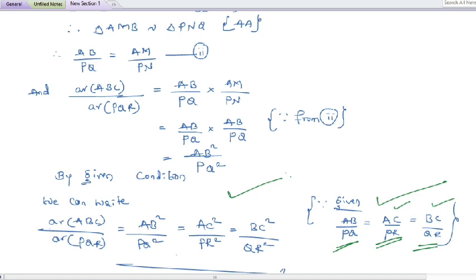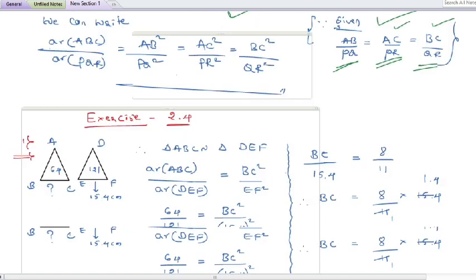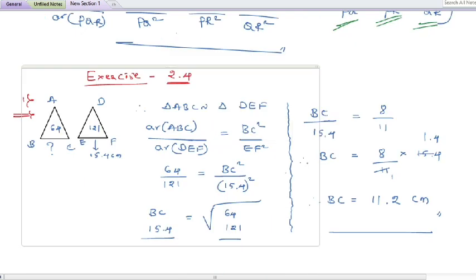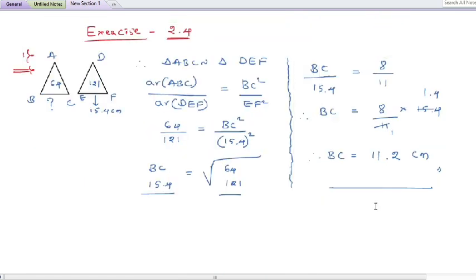Now, we will move to the exercise 2.4. So, here it is exercise 2.4.